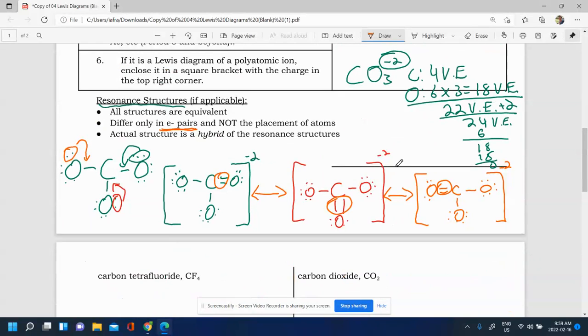So again, they need to be equivalent structures. Here, the double bond is just in different regions, between different atoms. CNO up here, CNO over here, CNO over here, but they're all bonded in the same relative order. So there's nothing different other than that placement of that double bond for it to be considered resonance.